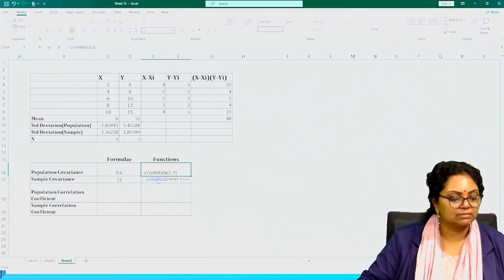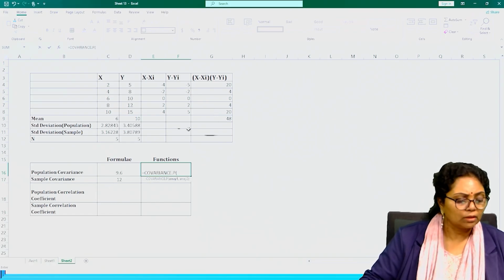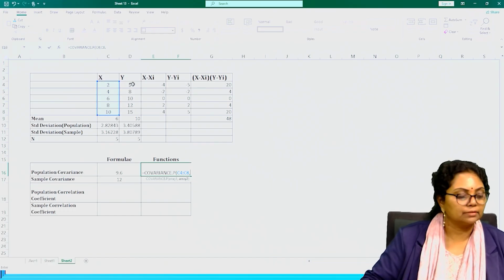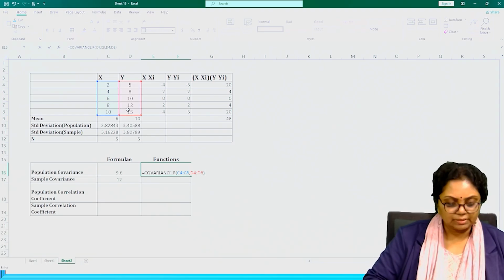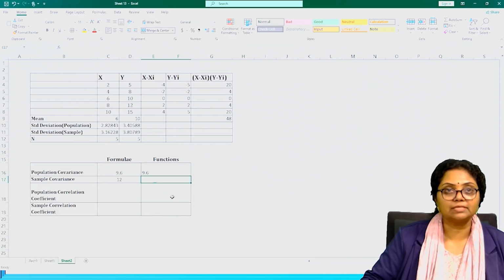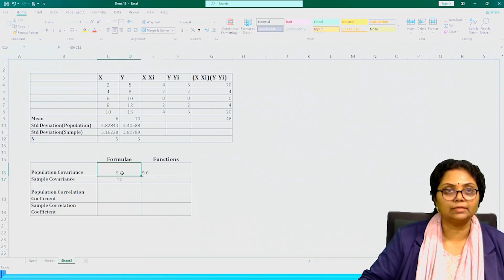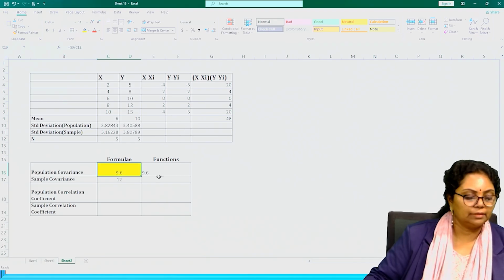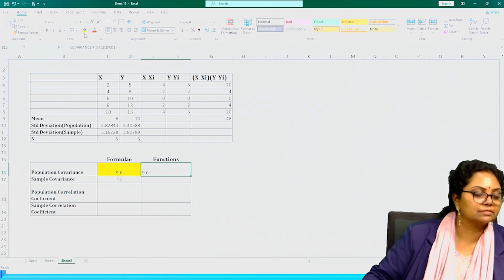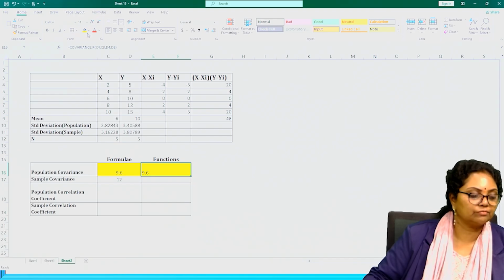So simply select this and give the arrays. Array 1 represents x, comma, and the second one, array 2, represents y. Simply press enter. We are getting the same answer. Here it is 9.6 and here also it is 9.6. So we are getting a similar answer.